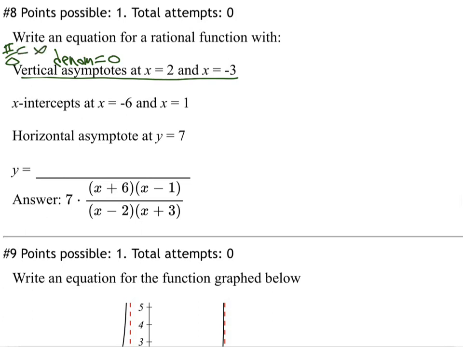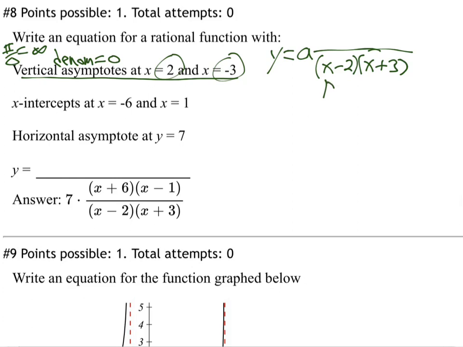So we're going to go y equals A, and the bottom is going to be x minus 2 and x plus 3, because remember, those are opposites. So if we plugged in positive 2 or negative 3, it would make the bottom 0, and the thing goes to infinity. That's a vertical asymptote, okay?